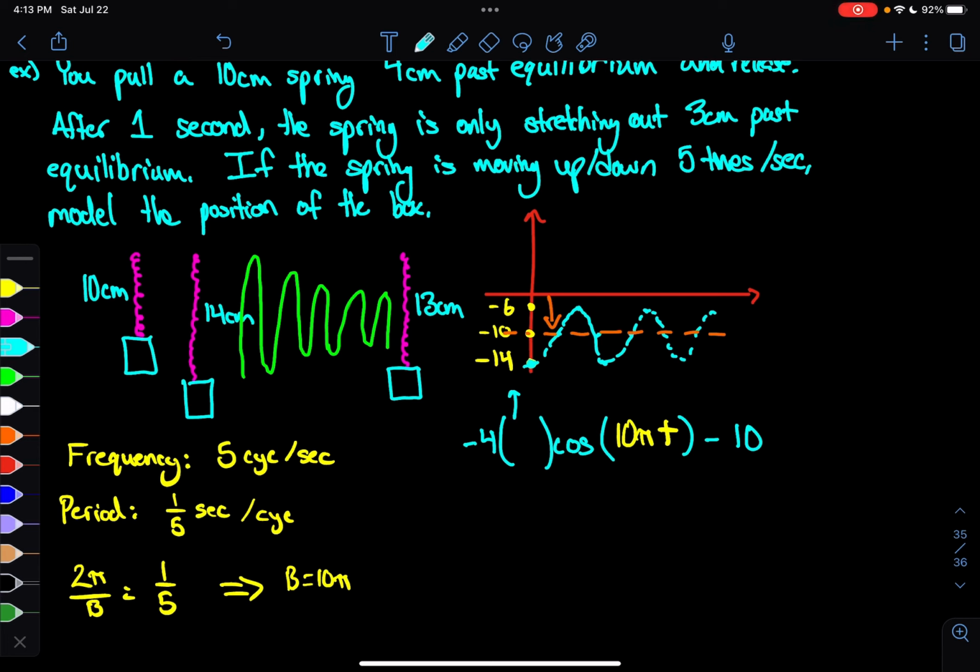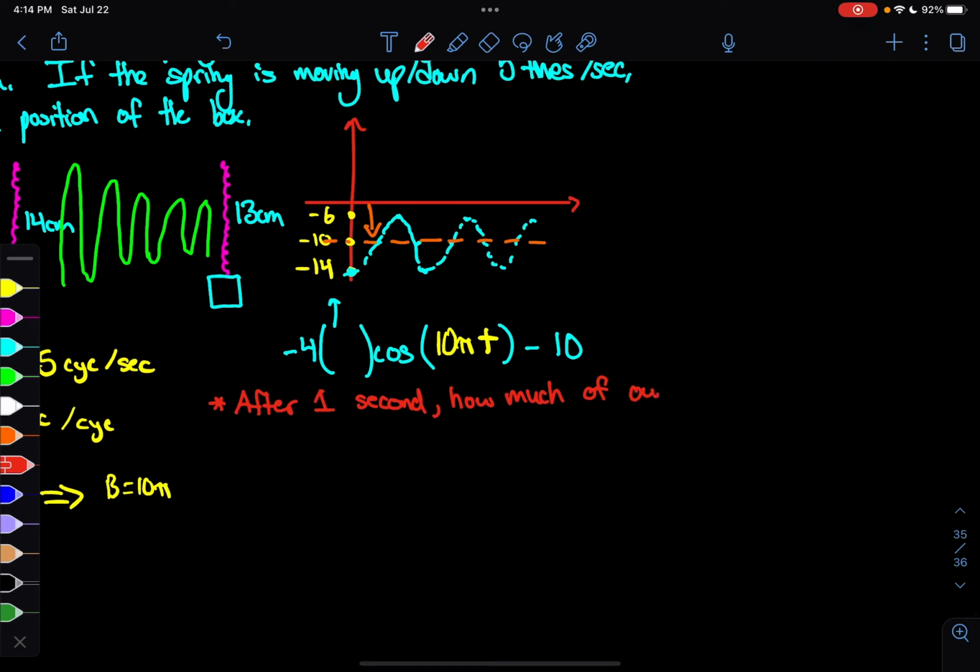Now the really important question that we need to answer is, after 1 second, how much of our amplitude do we have left? This is kind of a weird question, but I'll say it anyway. How much of our amplitude do we have left?